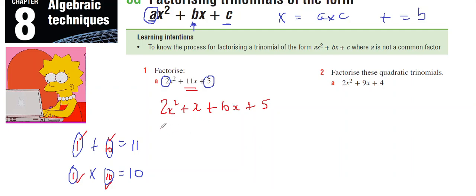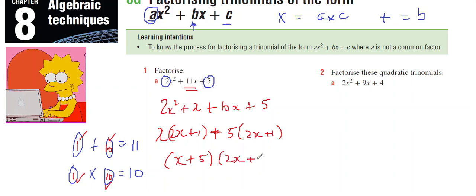And that gives me x, the common factor of x plus 1, and 2x plus 1, and a common factor of plus 5, 2x plus 1, and that gives me x plus 5, 2x plus 1 will be my common factors.